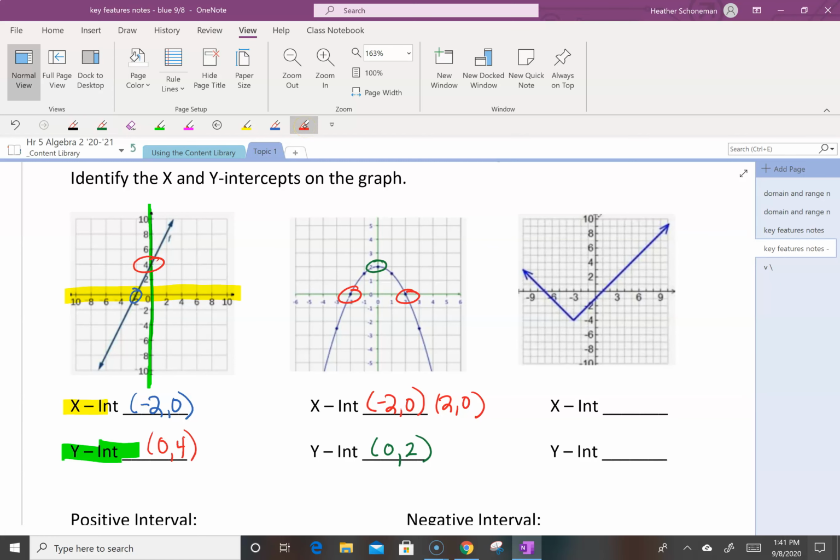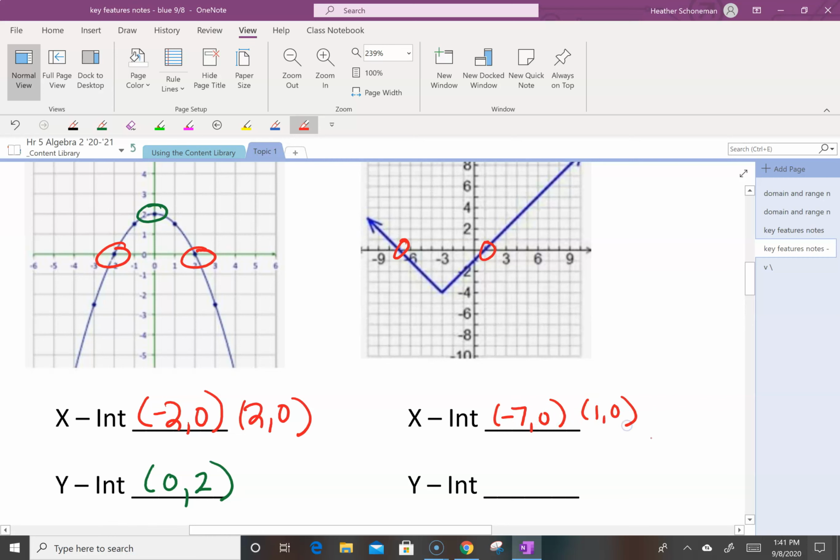On the next one, the x-intercept is where it crosses the x-axis, so here and here. So at -7, 0 and at 1, 0. The y-intercept is where it crosses the y-axis, and it's right here at the point 0, -1.